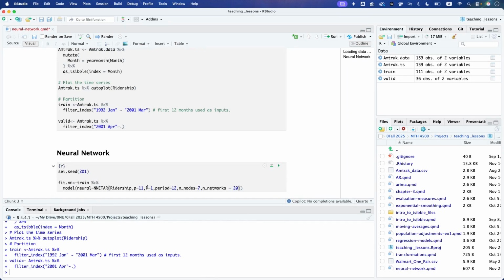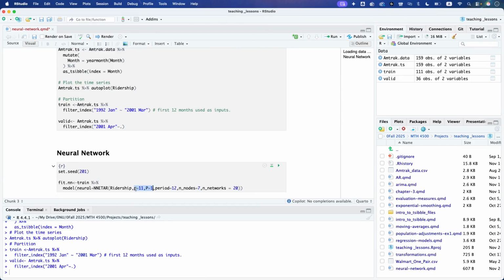This capital P specifies the order of the seasonal autoregressive terms, which is the number of seasonal lags. In this case it is 1, which is also the default. I mean, if you did not put 1, it's going to be the default. The seasonal lag is the last observed value from the same season. Because we have monthly data now, we put just 1 here.